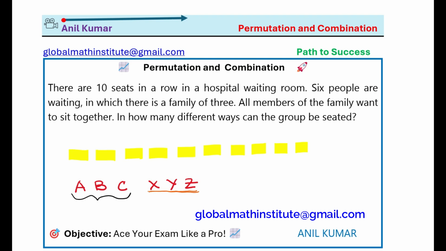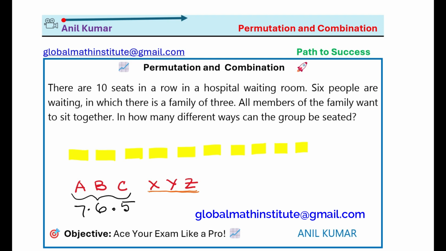For person A, we have 7 seats available. For person B, we have 6 seats available, and then for person C, there are 5 seats available. So that is okay for the 3, which could sit anywhere.